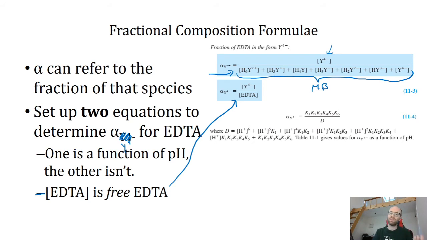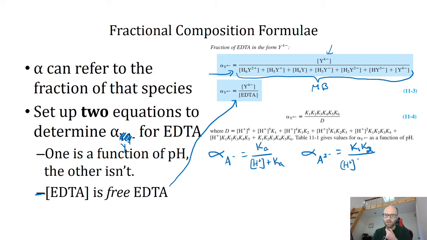I get that. But we also know that for these monoprotic systems, we were able to figure out that the fraction in A minus is equal to Ka over H plus plus Ka. If it's a diprotic system, we knew that the fully deprotonated form is equal to K1, K2 over H plus squared plus H plus times K1 plus K1, K2.